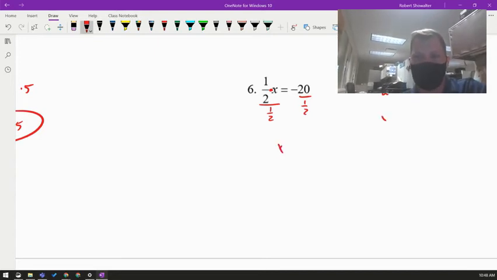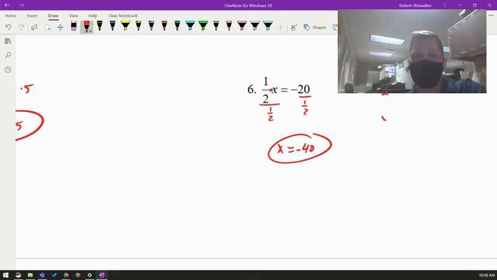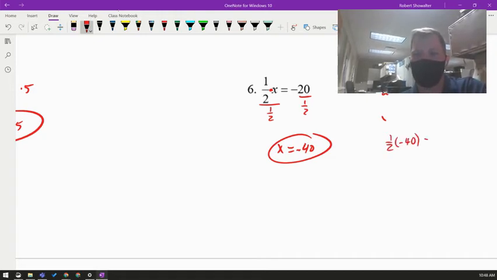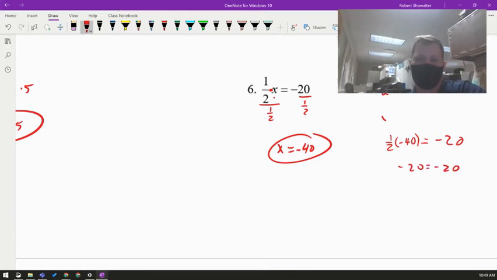And we would get x equals negative 40 for that. Again, if you question whether that's correct, you can check your work by substituting negative 40 in for x and see if that equals the other side of the equation. 1/2 times negative 40 is negative 20, and we end up in the same spot. Okay.